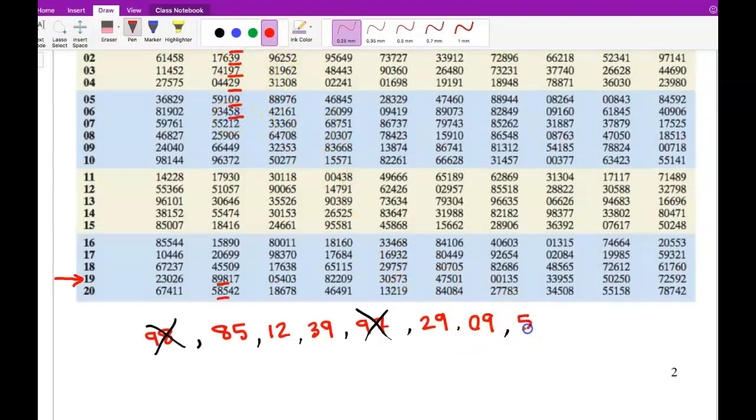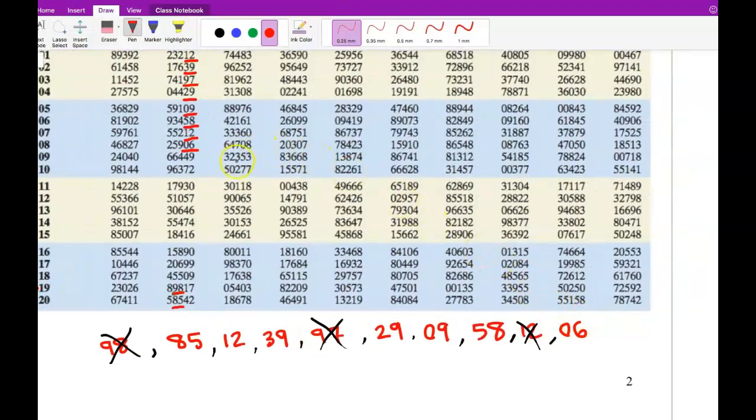58. Here again we have 12. As I said, we shouldn't repeat, because I already have that one. Next one, 6. Let's see how many we have. We should have 9 in total: 1, 2, 3, 4, 5, 6, 7.